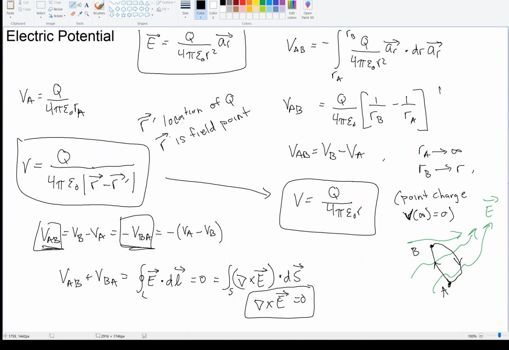Nice. So a static electric field, its curl is always equal to 0. This is another one, a second of Maxwell's equations. This is the integral form.